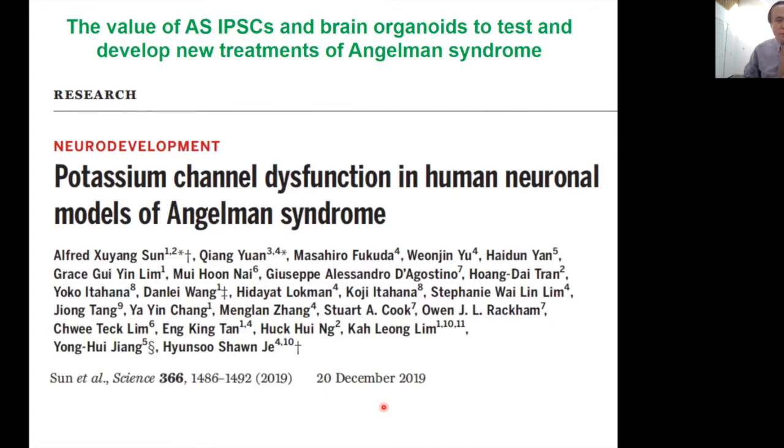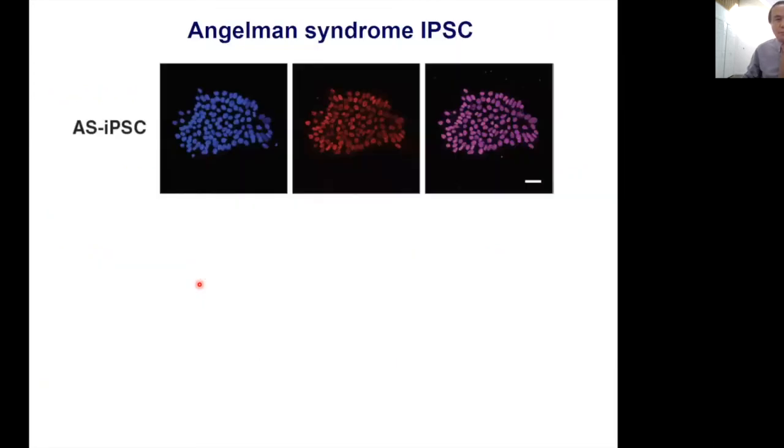So you see this iPSC and brain organoid work. My colleague in Singapore and my lab published early this year, showing the potential of using iPSC cells and brain organoids to understand Angelman syndrome and also to test new treatments.